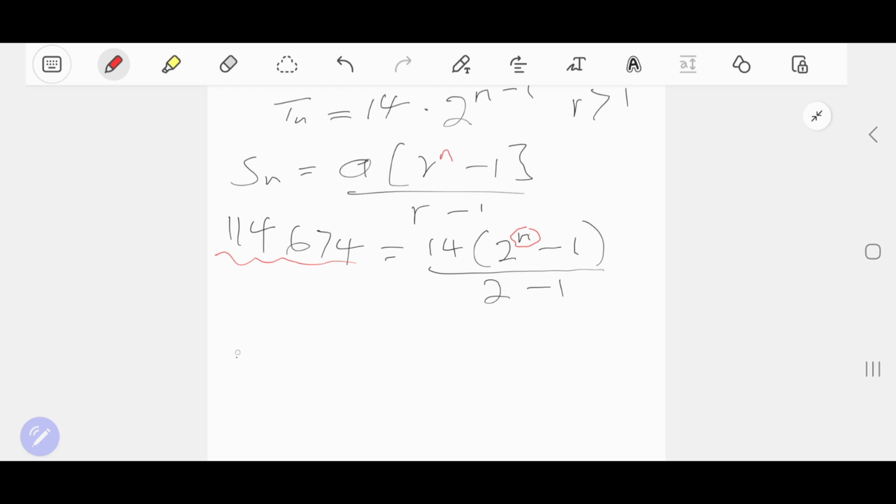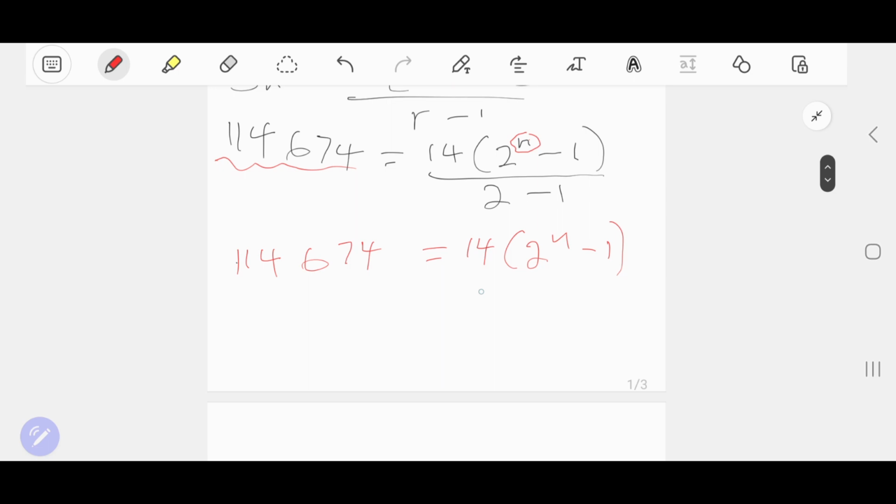So this is what you're going to do. It's going to be 114674, and then this remains the same. It's going to be 14. So 2 minus 1 is 1, and whatever that 2 will be left here, it's going to be like this here, people. Are you with me?